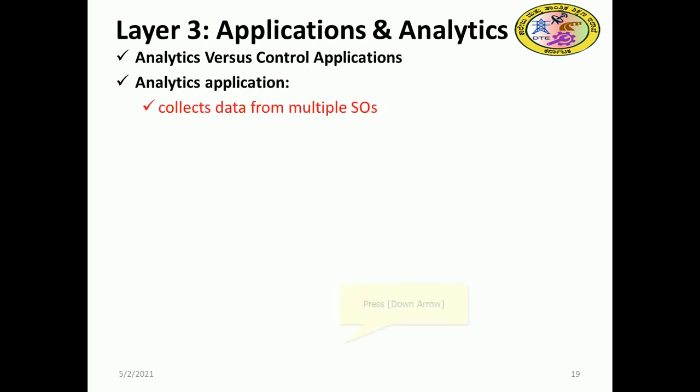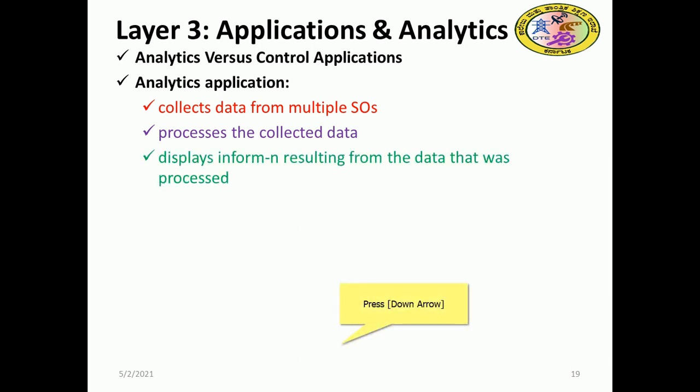Analytics applications collect the data from smart objects and process the data to a higher layer via the gateway to the data center. They display information that provides meaningful information from the data that was processed and analyzed.